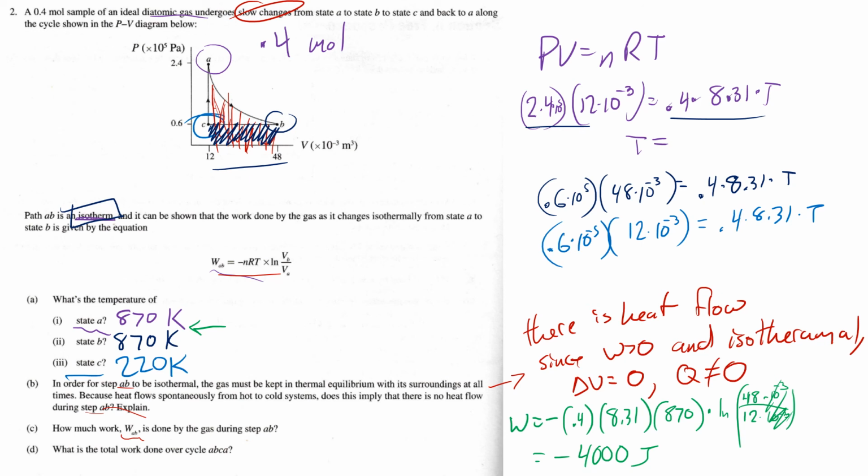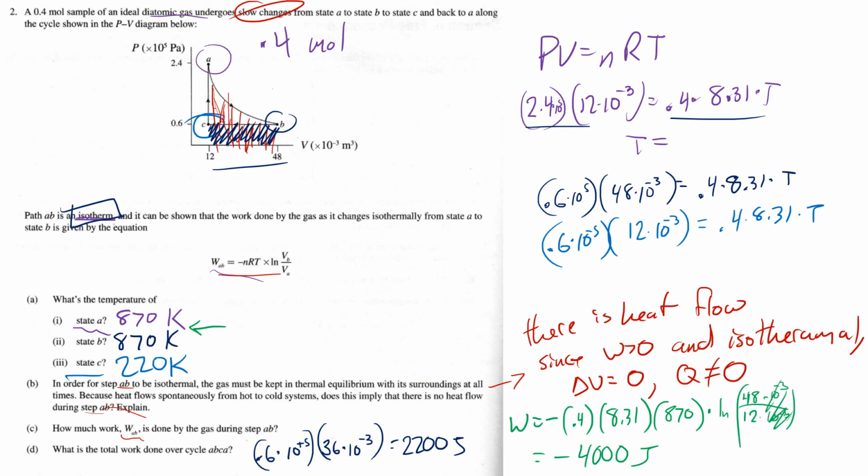So it's going to be 0.6 times 10 to the 5 times 36 times 10 to the minus 3. We multiply those together, and we get 2,200. Now we're going to add these two together.